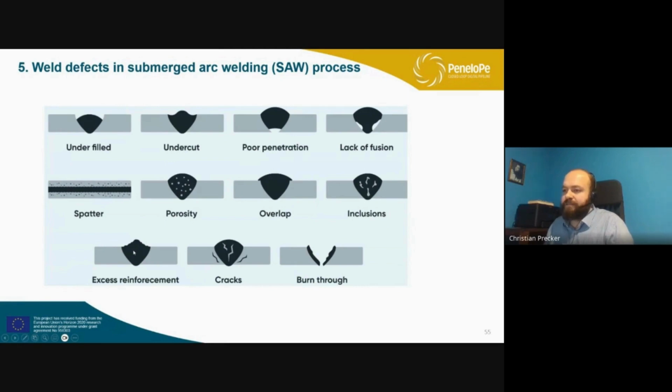And excess of reinforcement, when we have this kind of shape. Also cracks, this may happen, that you don't have a solid homogeneous weld and you get cracks inside the weld. Or if you burn through, then you have no weld here. Okay, so these are the kind of defects that may happen.